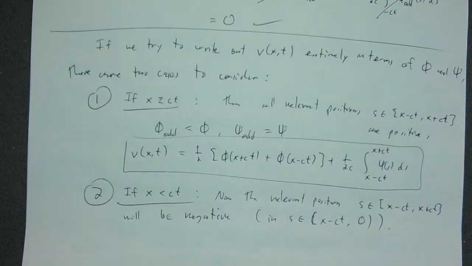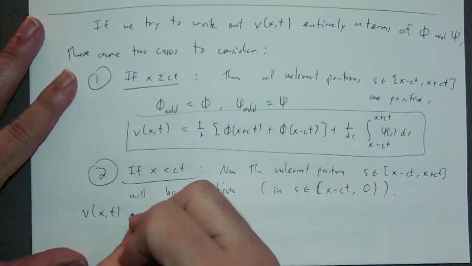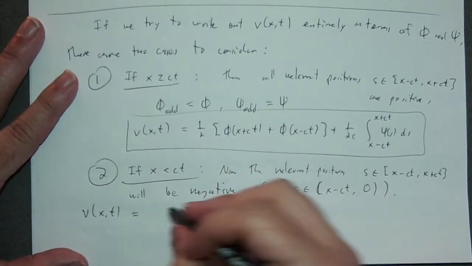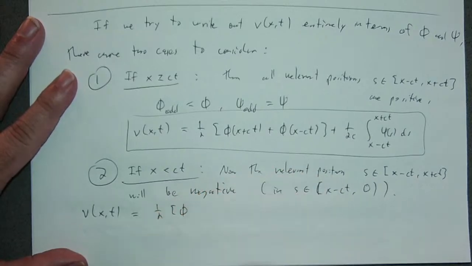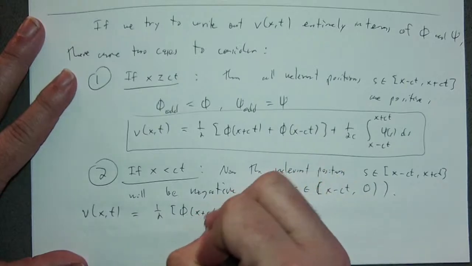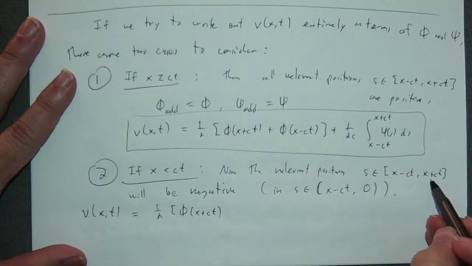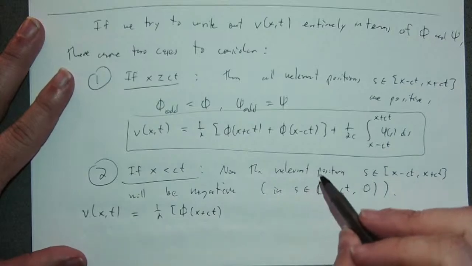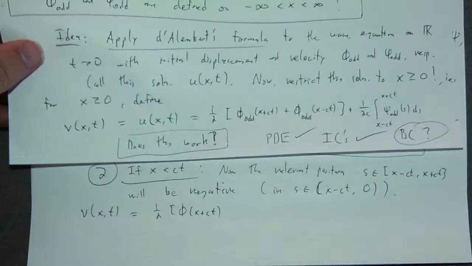So v of x,t is 1/2 phi of x plus ct. That's fine. That's at the end that's still positive, right? But now let's go back to what our v is. Here's v.